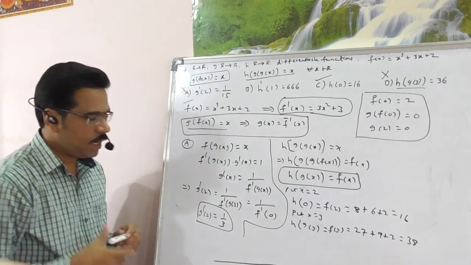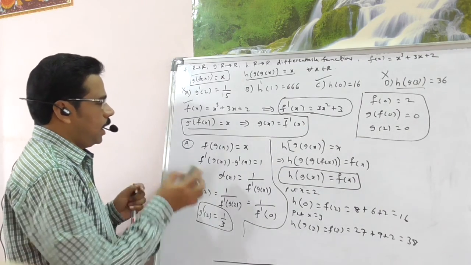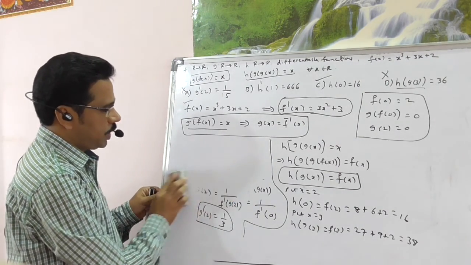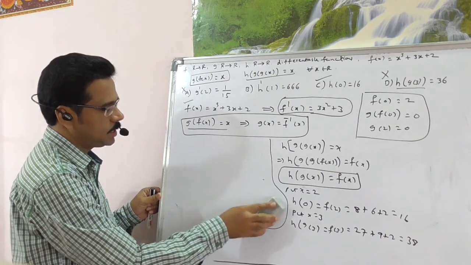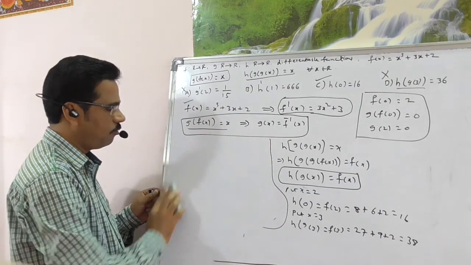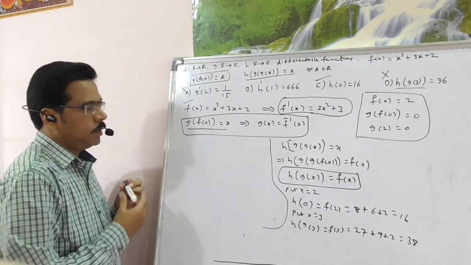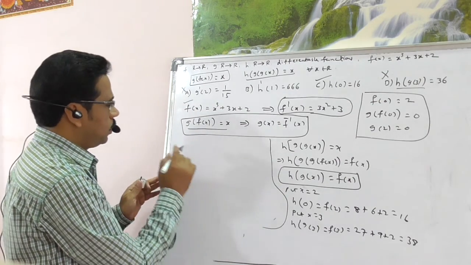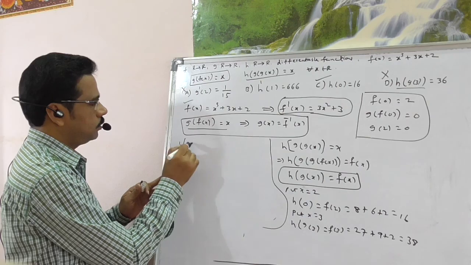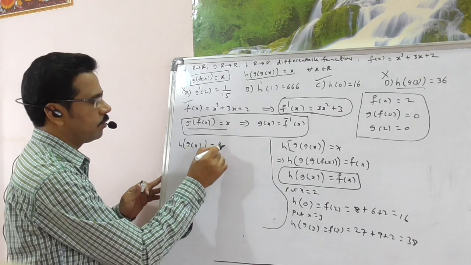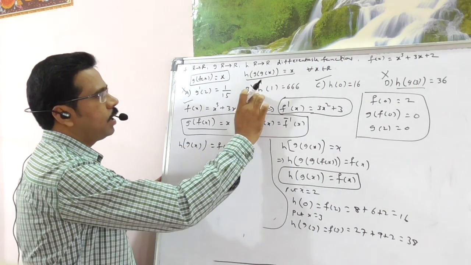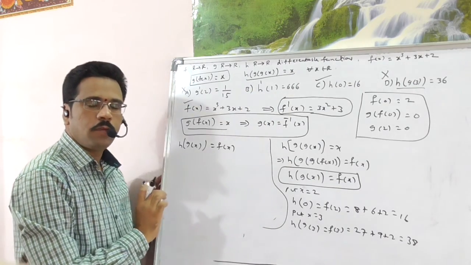Finally, we have to check option B, that is h dash 1. For this again we have to use h of g of x is equal to f of x. Here we have to find h dash x.